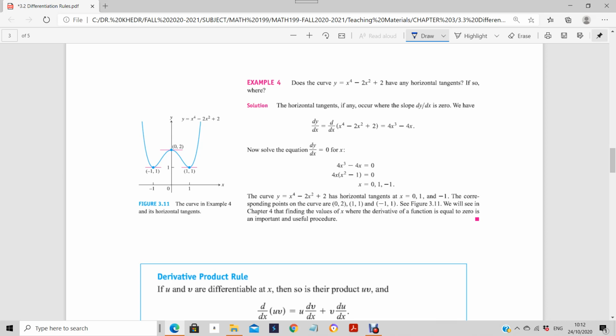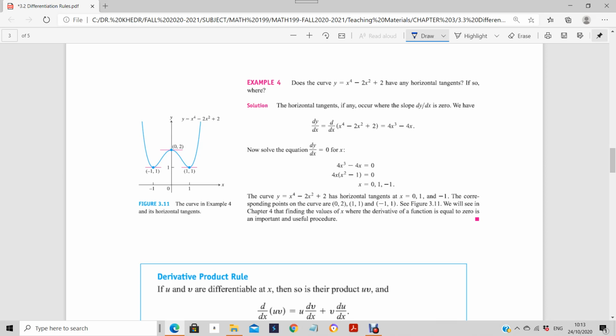So the sum rule is applied for addition as well as for subtraction of functions. So the derivative of the first function is 4x to the power of 3, and the derivative of the second function is minus 2 times 2, that is minus 4 times x to the power of 1, and the derivative of 2 is 0. So the final answer for the derivative of the y function will be 4x to the power of 3 minus 4x.